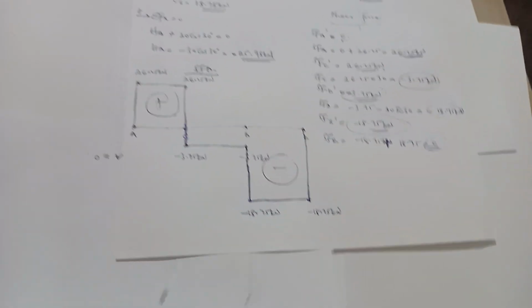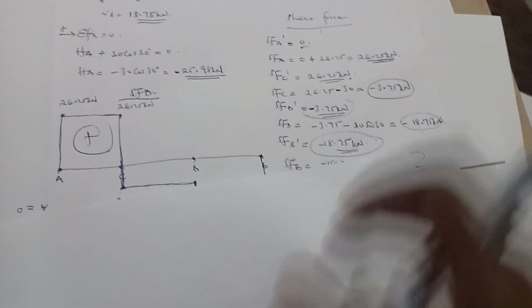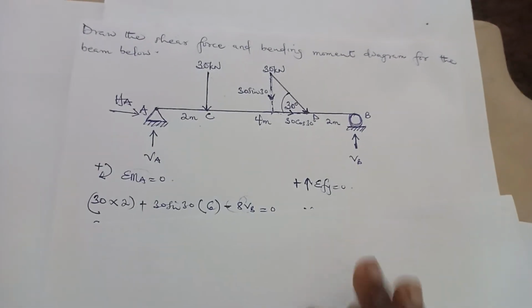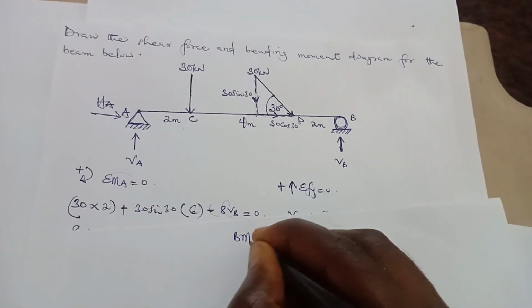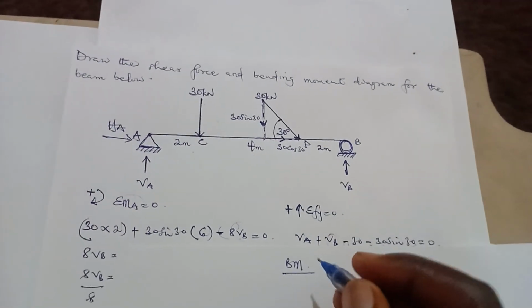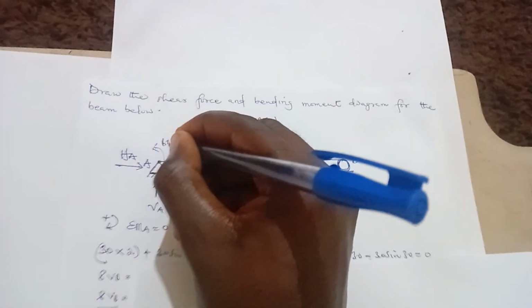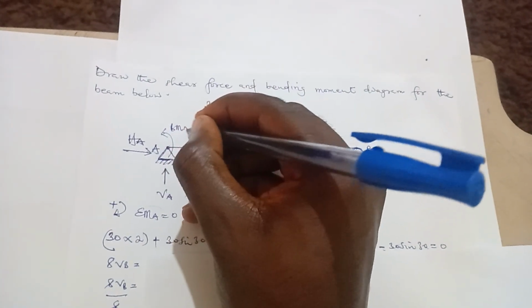So after this, then we have to do the calculation for the bending moment. So let's calculate the bending moment. Bending moment at A, we'll take it to our left because we want to consider taking our left.